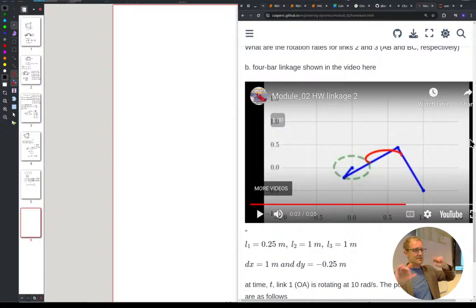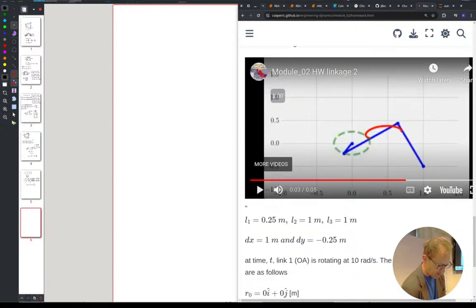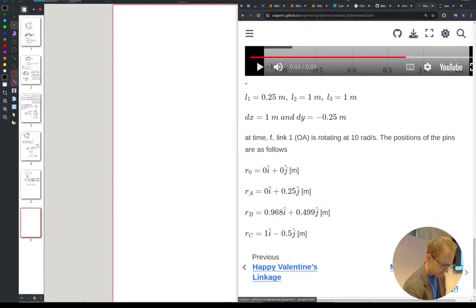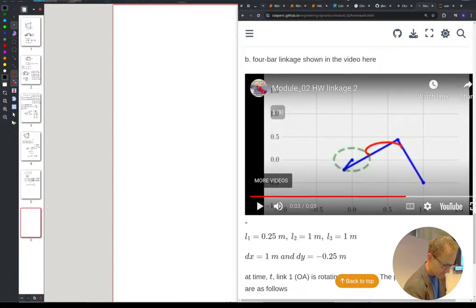But it's the same 3 links, just mounted in different locations. Oh yeah, and RC should be 1 and negative 1/2 to match the video. So dy is negative 0.5.